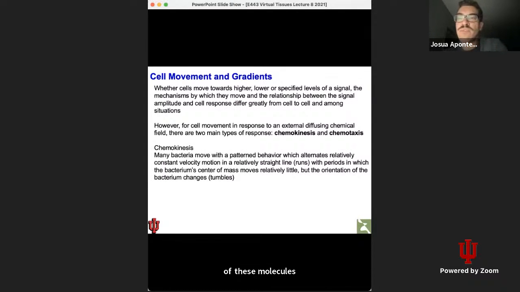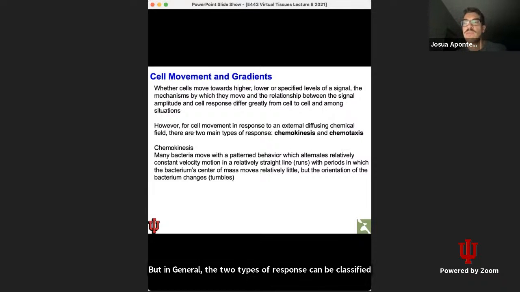The mechanisms by which cells move through gradients are actually quite complex, and they vary from cell type to cell type and from organism to organism. But in general, the two types of response can be classified as chemokinesis and chemotaxis.